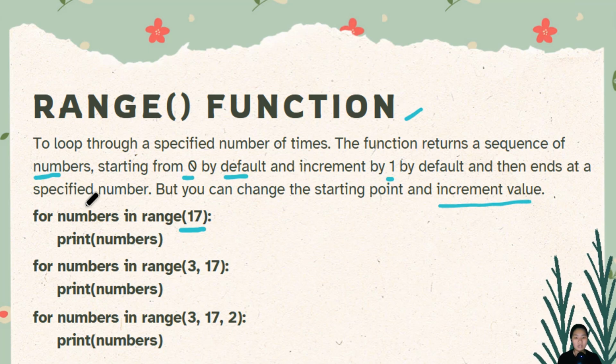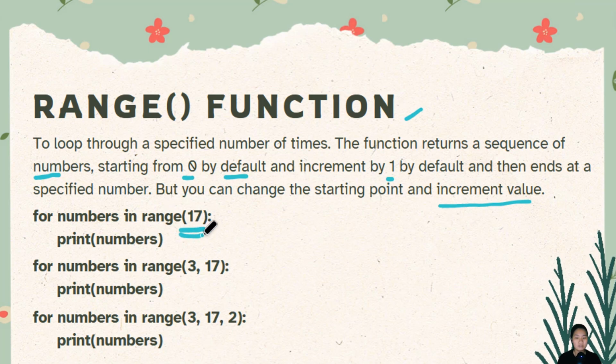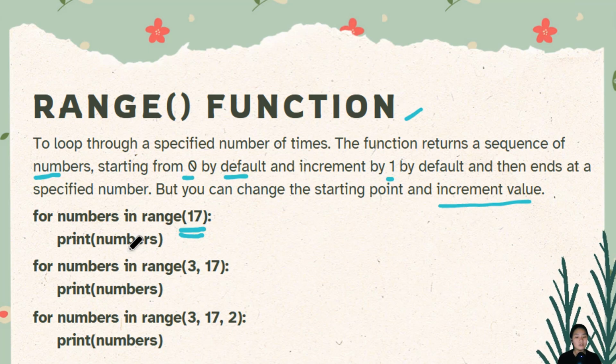We have for numbers in range 17. 17 is where we want to end. Print numbers. Now, this will start at 0, okay? Increments by 1, and then stops before 17. Now, you can specify the starting value, and here I've put 3.